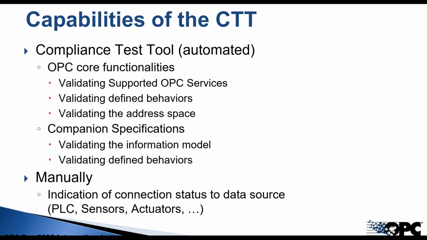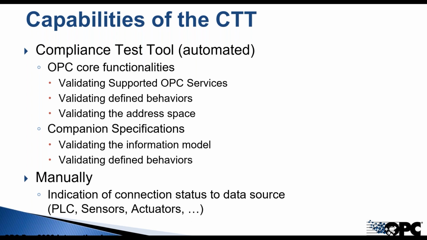It can check defined behavior from the UA spec, the address space. It can also be extended, just like I explained, for companion specifications with testing information model, which is defined there, or defined behavior from companion specifications. But the limit is with underlying data sources.